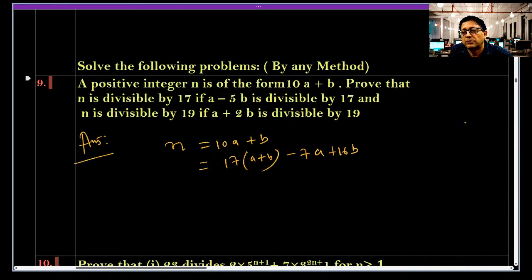Then what to do? We have to get it of the form a minus 5b only, no? A minus 5b divisible by 17, but we haven't reached it. So 10a plus b, we'll write as a multiple of 17 plus something. What? Think.